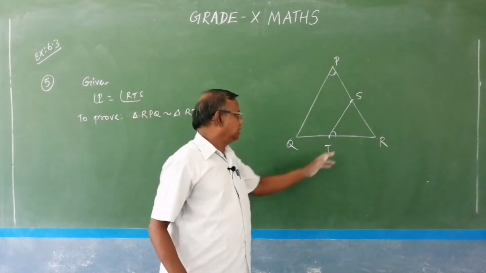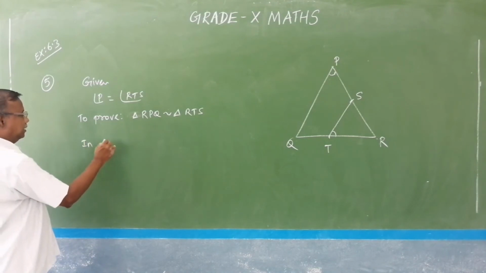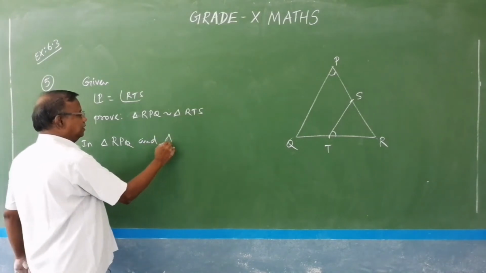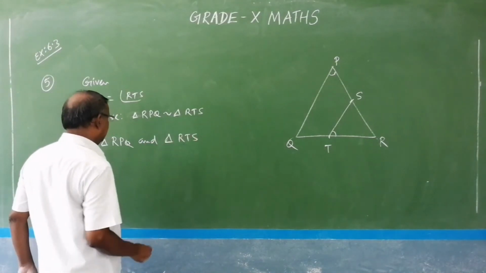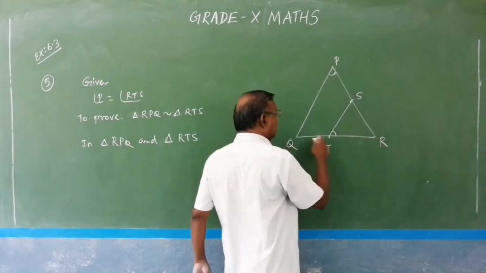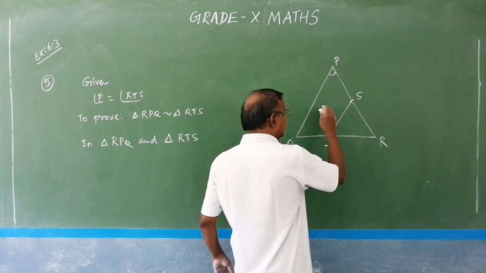Now consider these two triangles. What triangles? RPQ, the bigger triangle, and RTS, the smaller triangle.